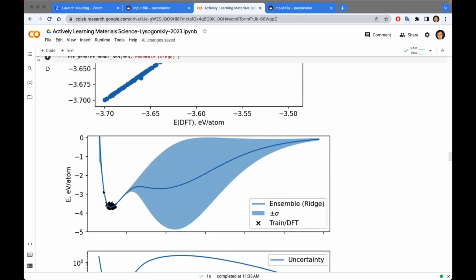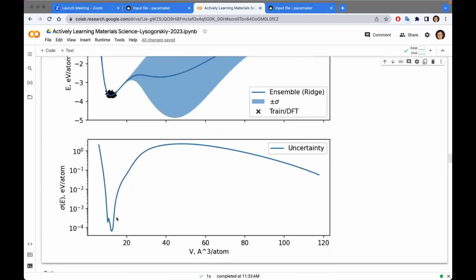Here we have our train data set, a range of volume, and that's a prediction. But we also have plus minus sigma, and sigma in the case of an ensemble is the standard deviation of ensemble predictions. You can see this is just uncertainty in the log scale.